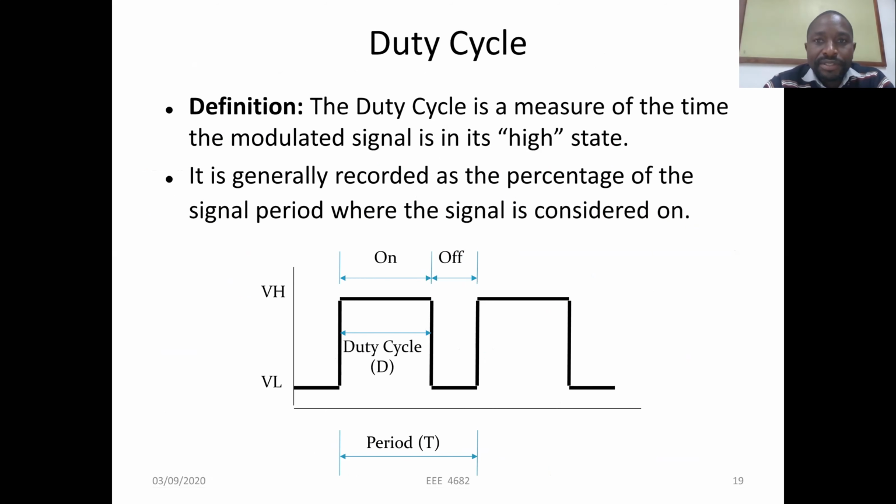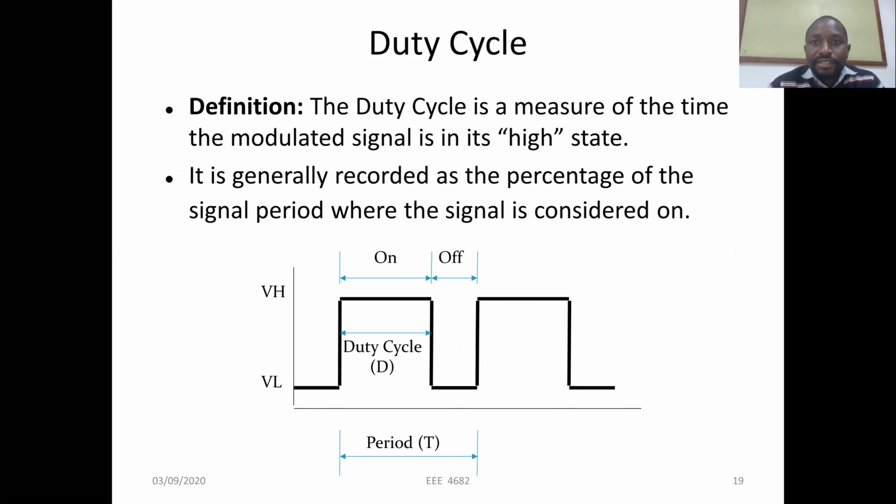Next, I want us to talk about duty cycle. By definition, duty cycle is a measure of the time the modulated signal is in its high state, basically the on state. It is generally recorded as a percentage of the signal period where the signal is considered on.